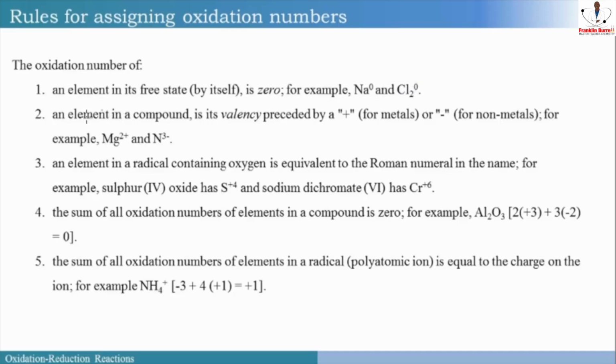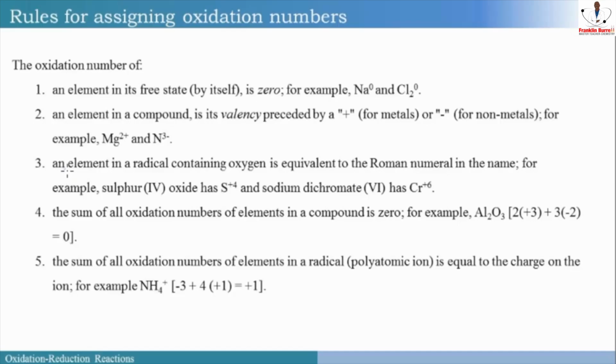Rule 2. An element in a compound has its valency preceded by a plus for metals or negative for nonmetals, for example, Mg2+ and N3-. So for the element in the compound, you put the number, then the charge.